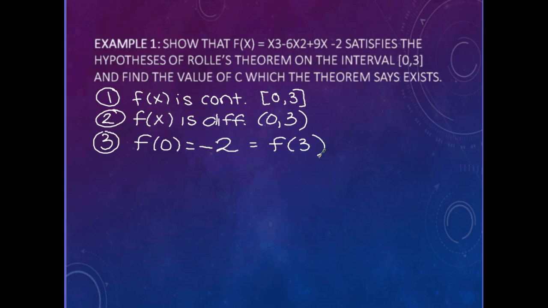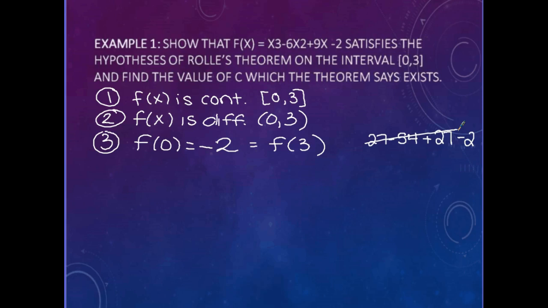Okay, so 27 minus 3 squared, which is 9, times 6 is 54. So you have 27 minus 54 plus 9 times 3, which is 27, minus 2. 27 and 27 become 54, so negative 2. So step 3, f of a equals f of b.